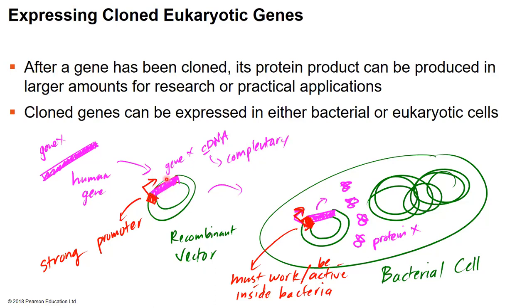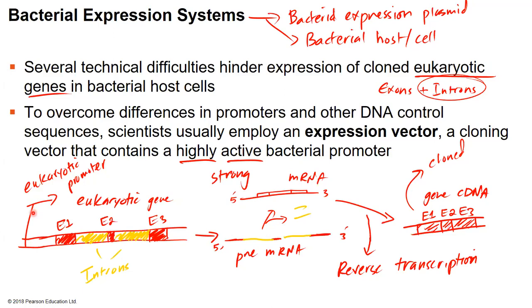And in the plasmid, we have a strong promoter. And this promoter, if we want to produce the protein inside bacteria, this should be a strong bacterial promoter. So we do not rely on the natural eukaryotic promoter.